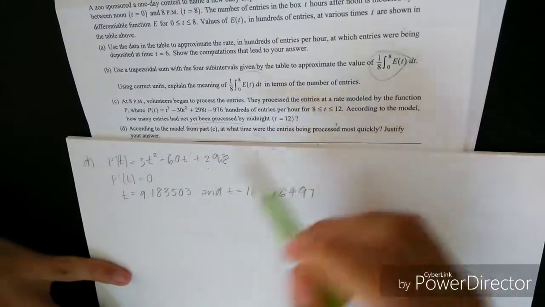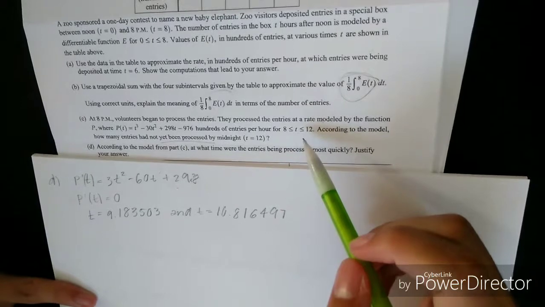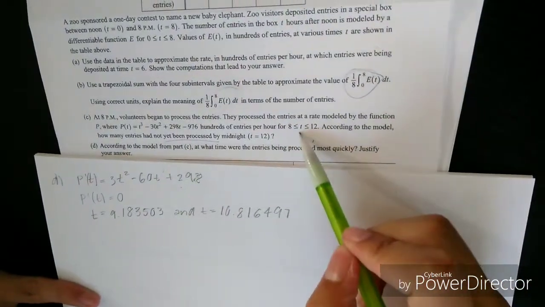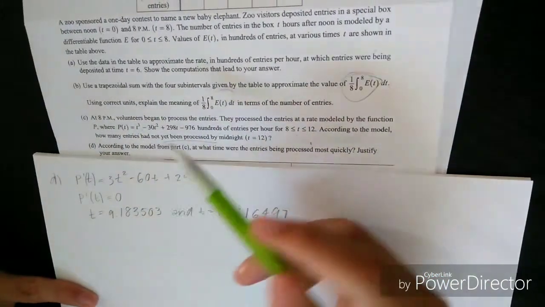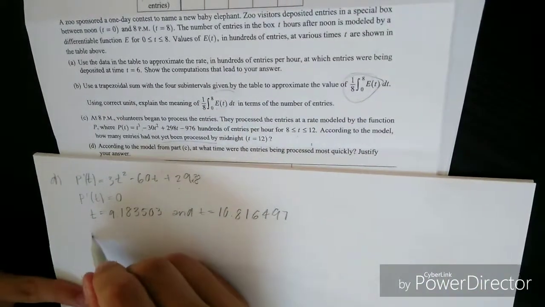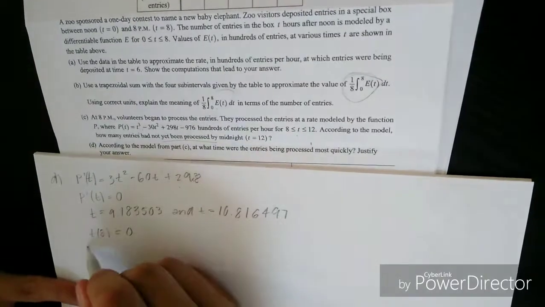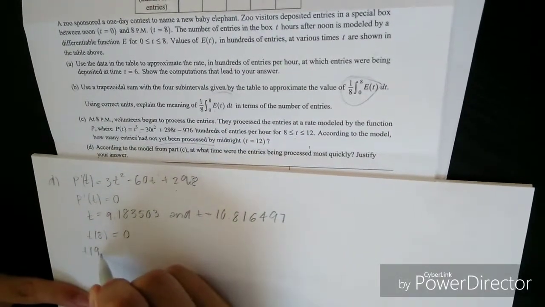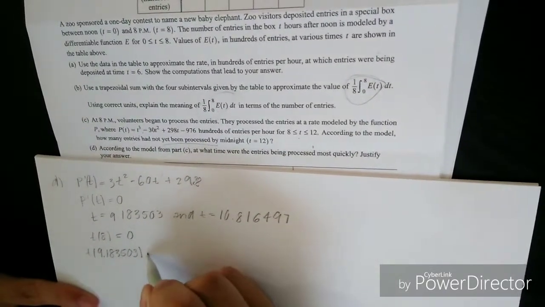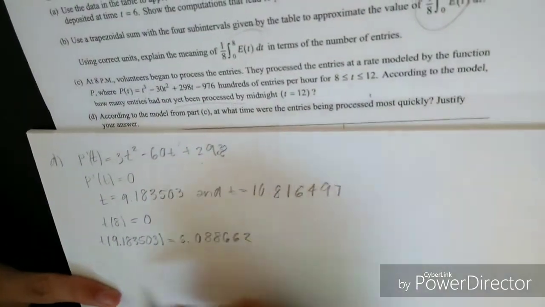Now it's asking at what time the entries were being processed most quickly, and we're given an interval from 8 to 12. So we need to plug each and every one of those values into P of t. Once we do that, P of 8 is going to be 0. P of 9.183503 is going to be 5.088662.